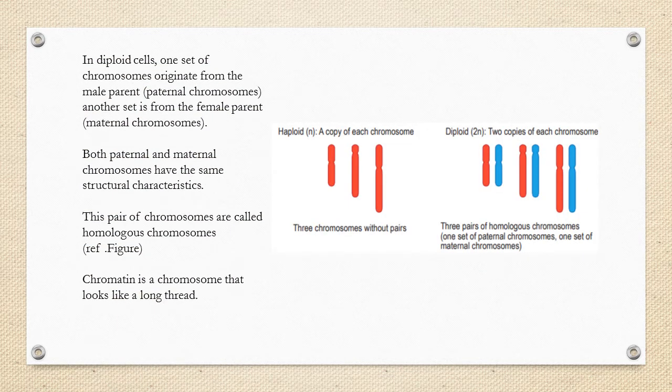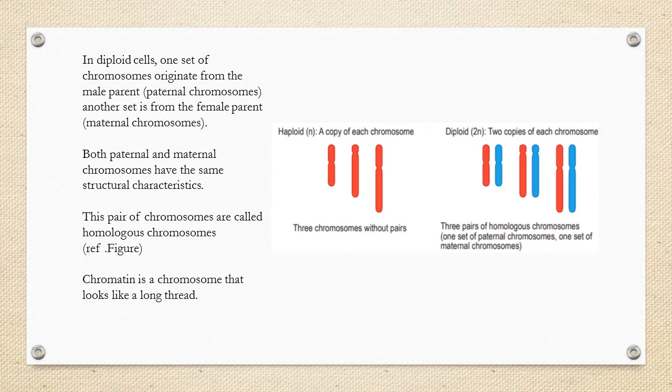So let's look in more detail at haploid and diploid. In a diploid cell, one set of chromosomes originates from the male parent, which we can call the paternal chromosome. The other set is from the female parent, which is known as the maternal chromosome. Both maternal and paternal chromosomes have the same structural characteristics.